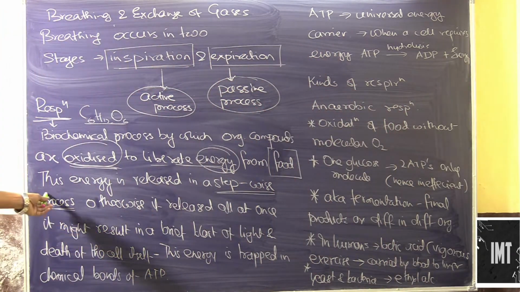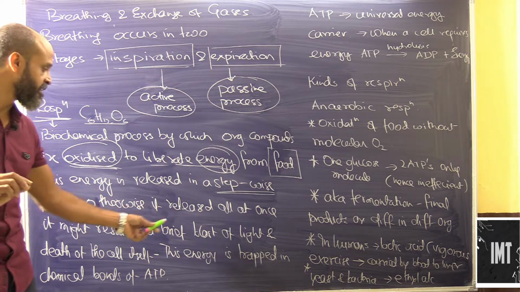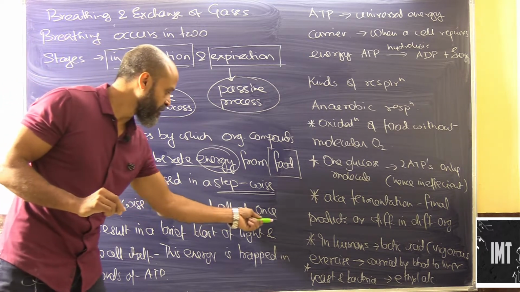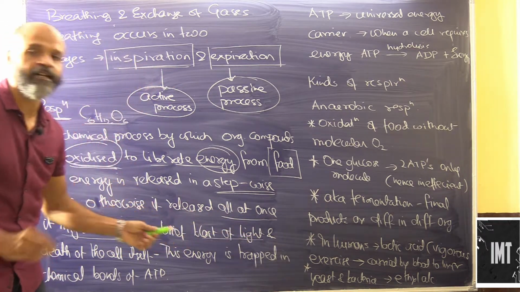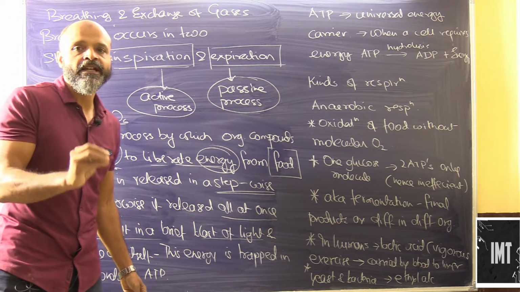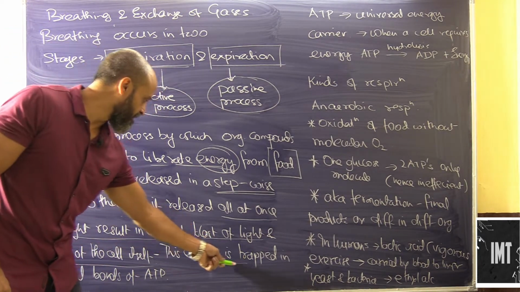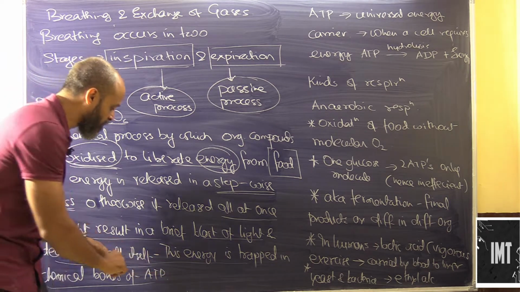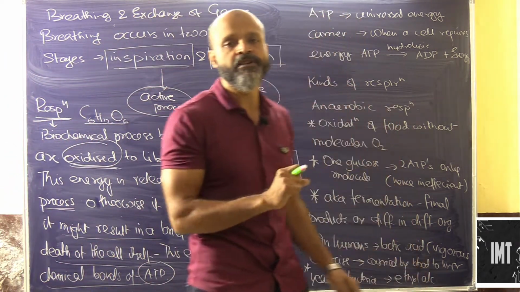Otherwise, if the energy is released all at once, it might result in a brief blast of light. It will be like an explosion within the cell, resulting in the death of the cell. So this energy is trapped in chemical bonds of adenosine triphosphate.